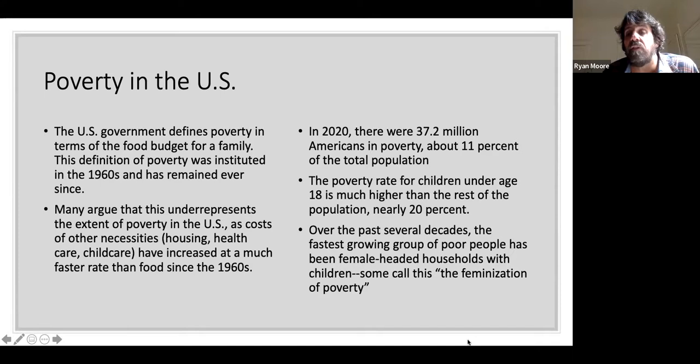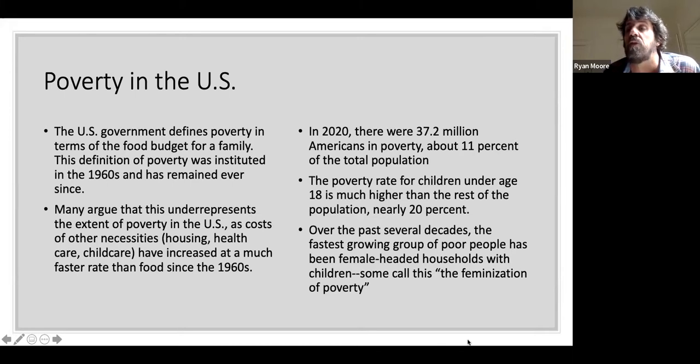Over the past several decades, the fastest growing group of poor people has been female-headed households. So basically single women who are raising children with only one source of income. Some people have called this the feminization of poverty.